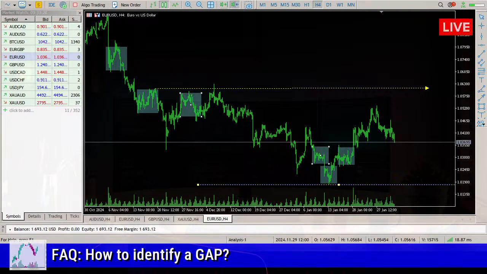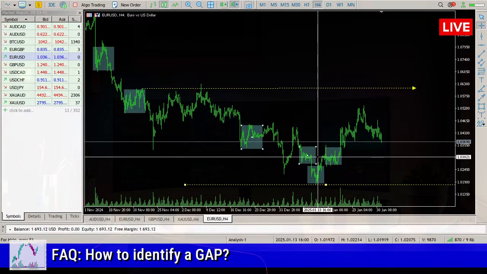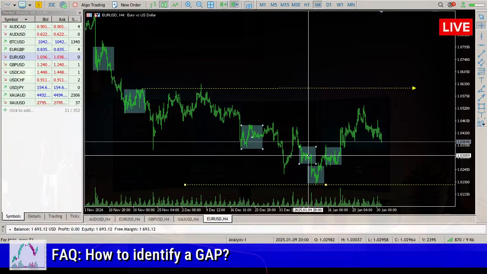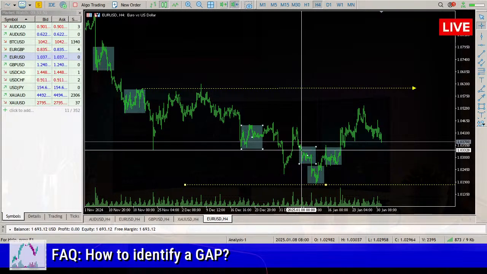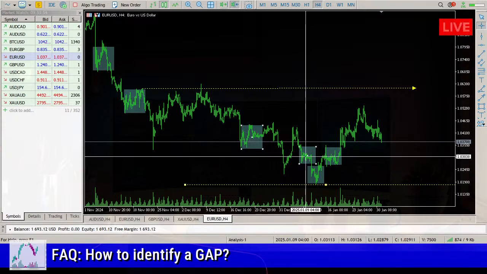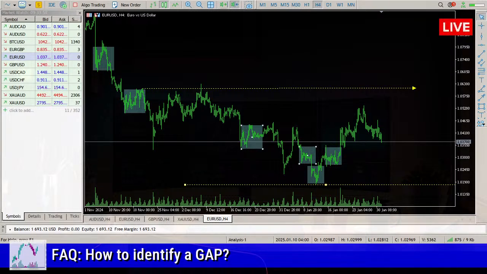Yeah, you see, about the same, right? So if you see from here, this part, this one is smaller compared to other ranges, so it should belong to a lower time frame.